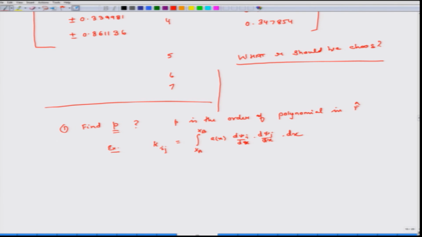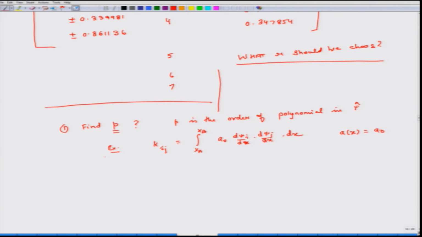Suppose this is your stiffness matrix definition, and let us say that ax is constant. So I can replace this ax by a naught.